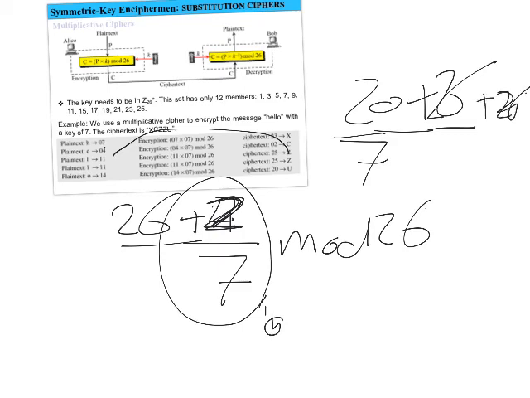You can't just add 8. You have to keep adding 26 until you get an integer number. So 26 plus 26 plus 20. If the result is not an integer, you keep adding 26, and so on, multiple times. That's the way you do the decryption side.